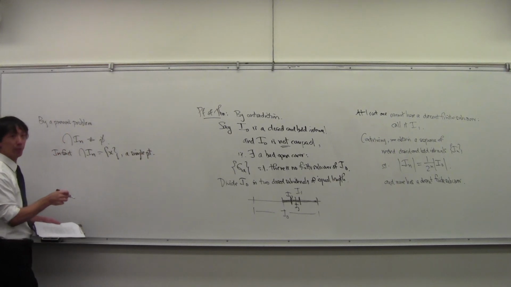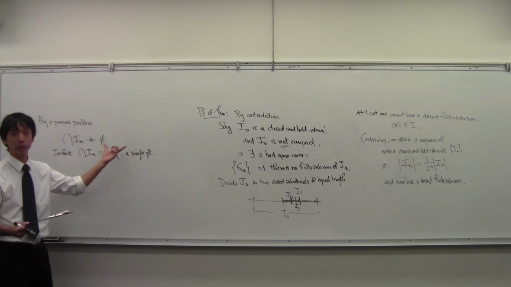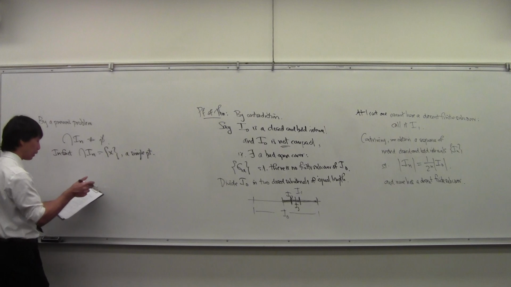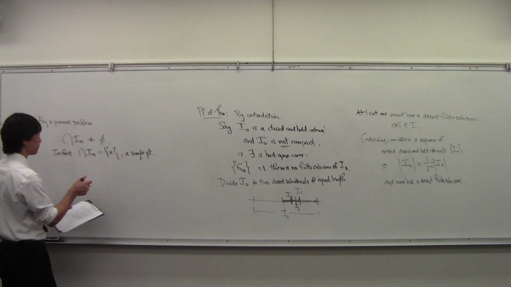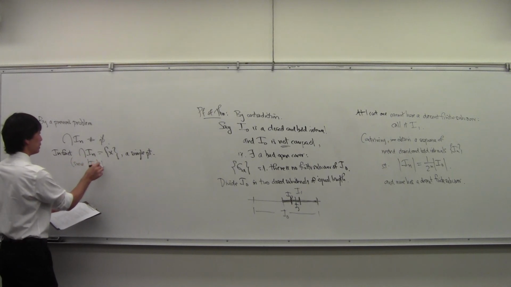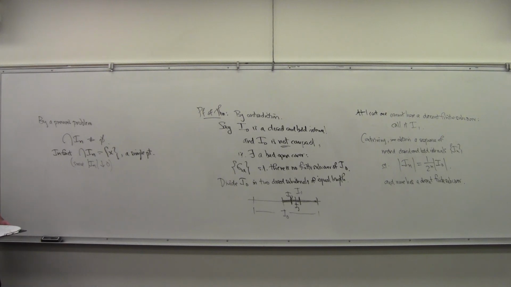Right? Because the diameters decrease, because the size of the intersection shrinks to 0. Since the size of the I_n goes to 0, it must consist of a single point.